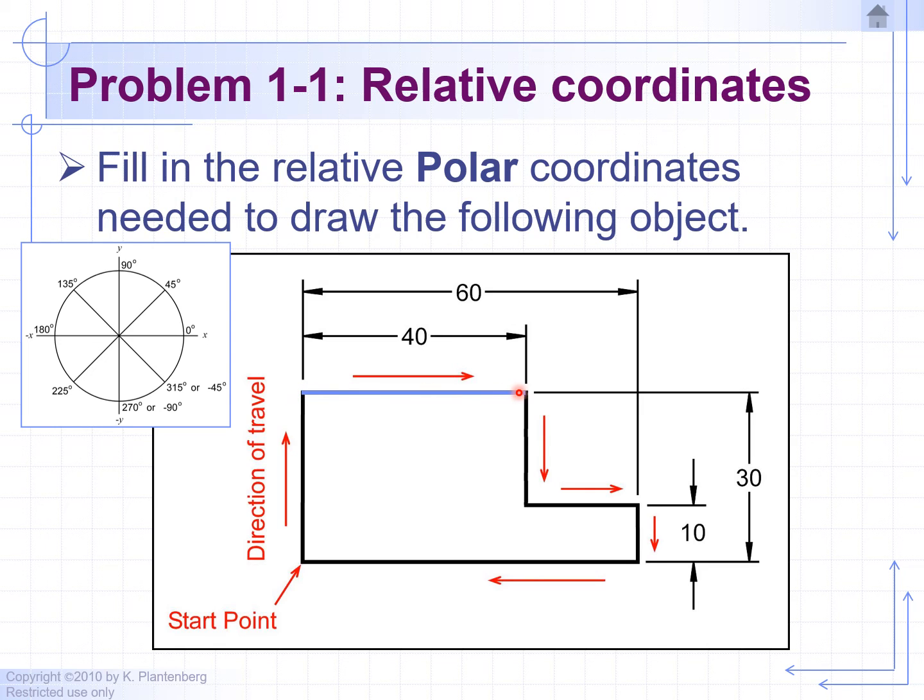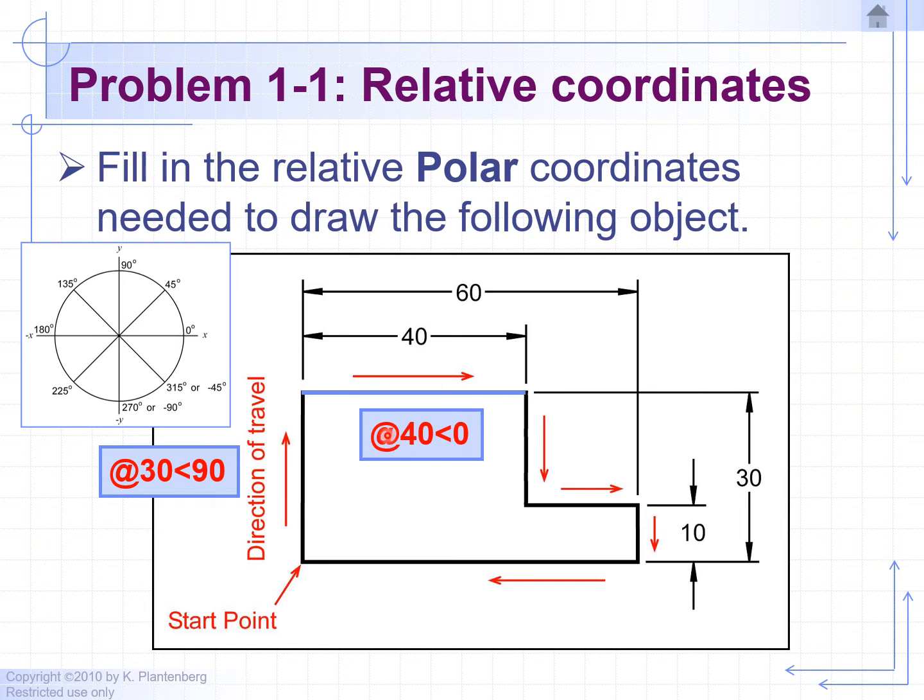To generate the next line, which has a length of 40, using relative polar coordinates, we're going to type in @, so that lets AutoCAD know that it's with respect to the last point we created. We're going to go a length of 40 at an angle of 0, so it's going to stay at 0 degrees horizontally.